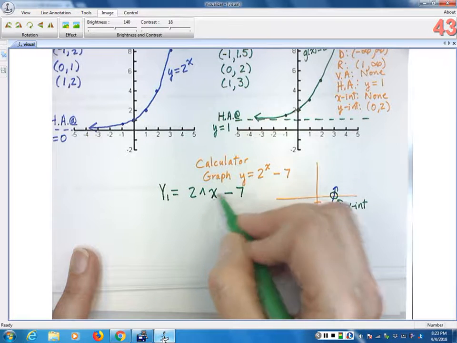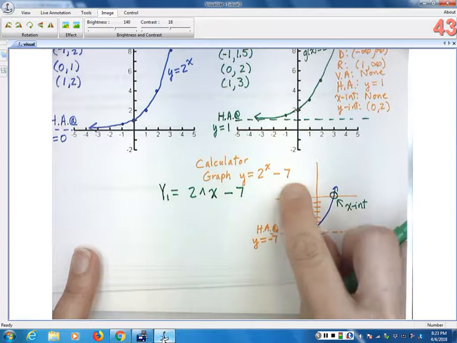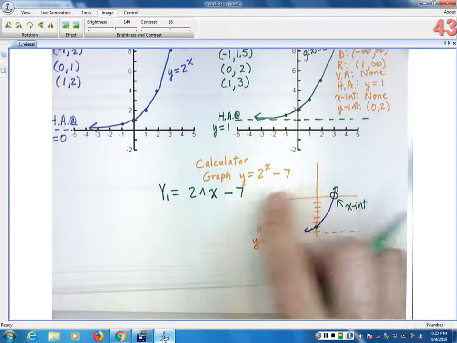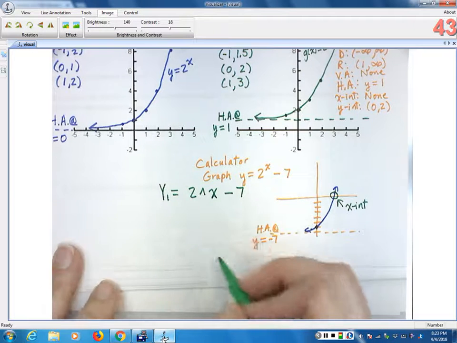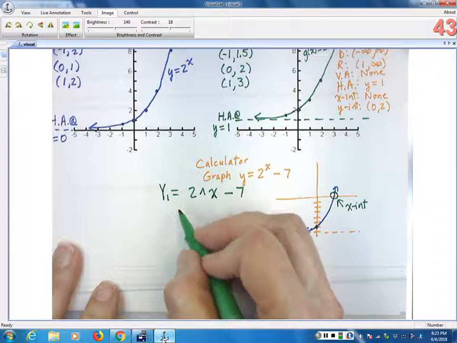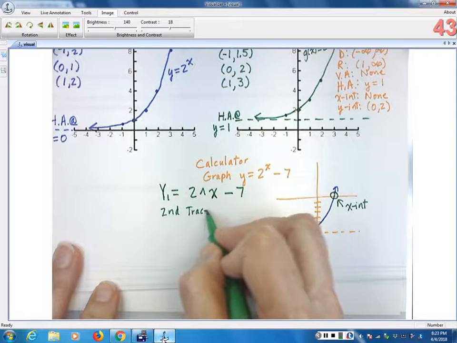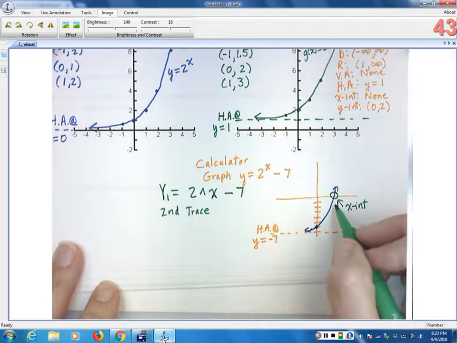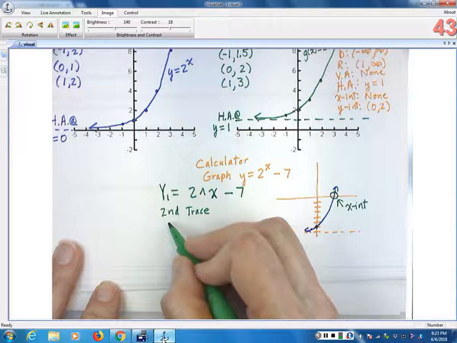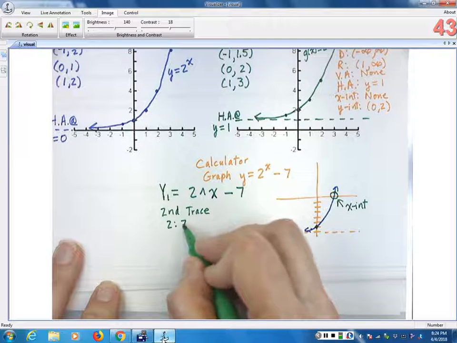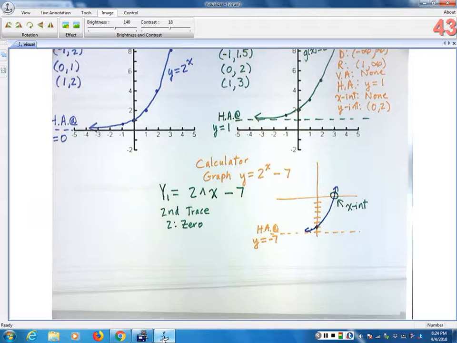Since I don't have parentheses around it, the minus 7 is down here. Don't put the parentheses around that. And then you're going to press, and I'll do it in a minute, second, trace, and this is called a 0, so you're going to choose number 2, a 0. And then left bound, right bound, so let's do that.